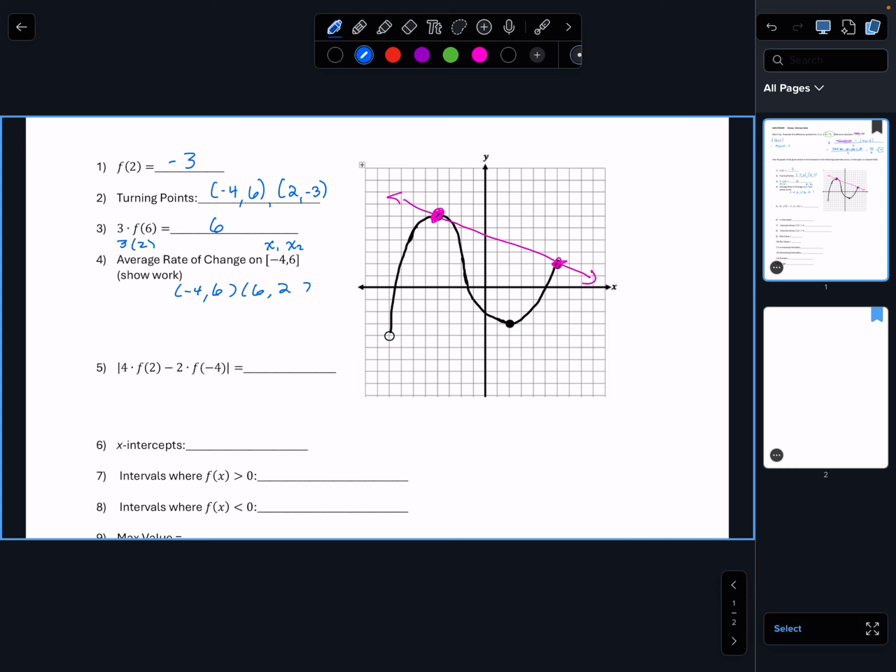And then I want m equals for communication. You're finding the slope. Change in y, right? 2 minus 6 over change in x, 6 minus a -4, which is 6 plus 4. And you get -4 over 10, and simplify. And you have -2/5.